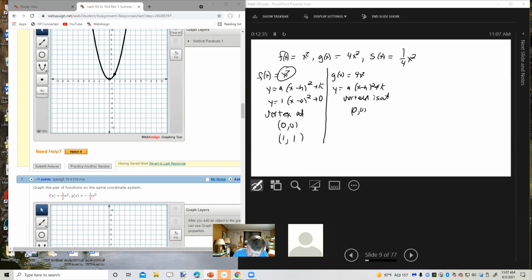Yes. And when x is 1, y would be 1 squared times 4, which is 4. So 1 comma 4. Are you okay with that? Yes. Okay, so 0, 0 and 1, 4. There's the second one.